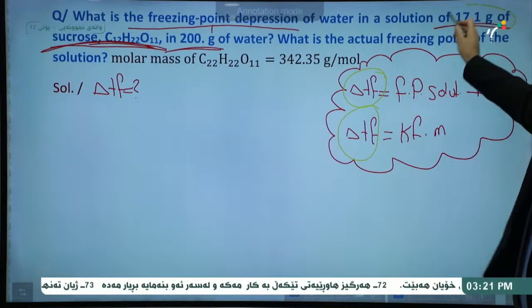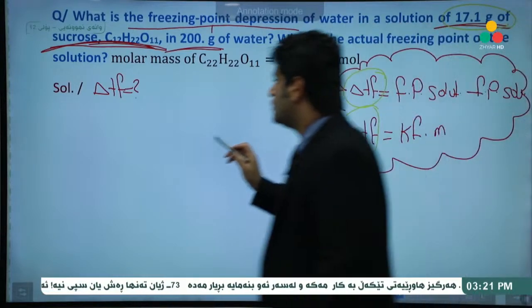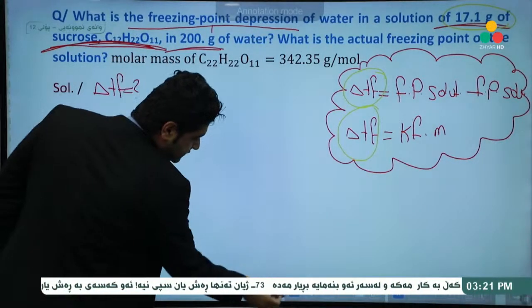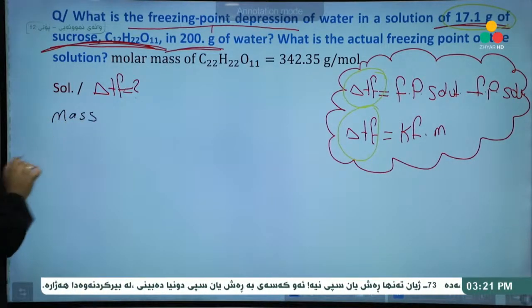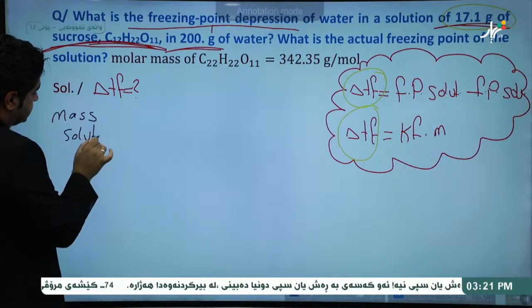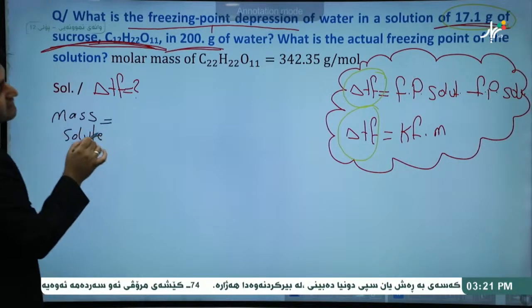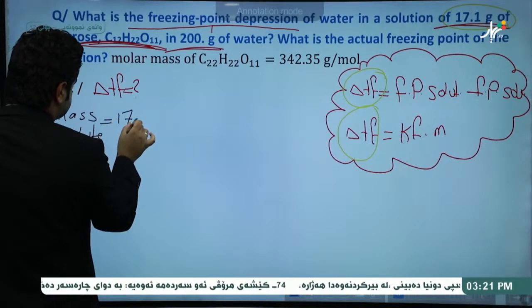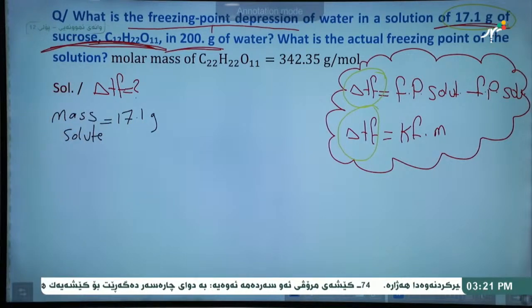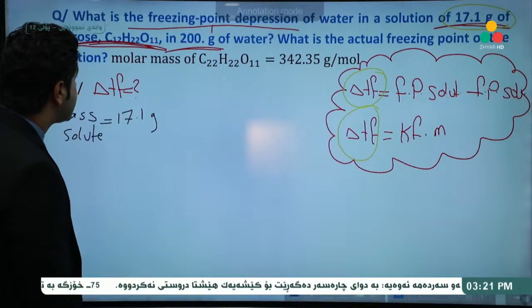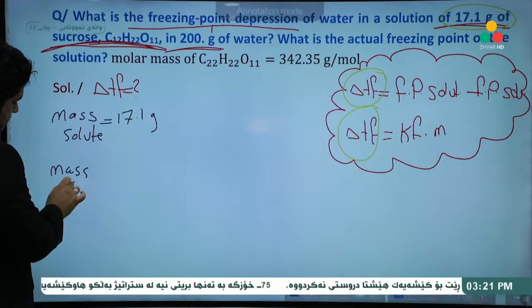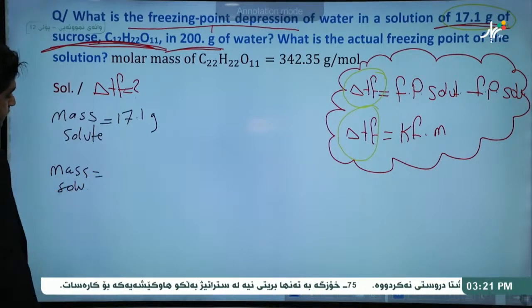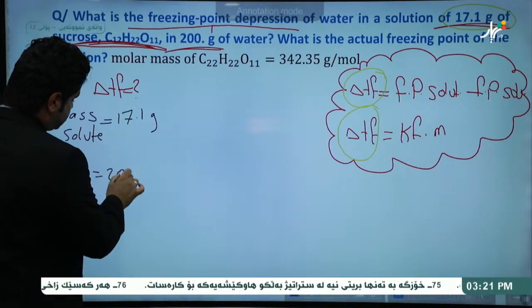We have grams of solute, so the mass of solute is equal to 70.1 gram. And we have the mass of solvent, which is water, equal to 200 grams.